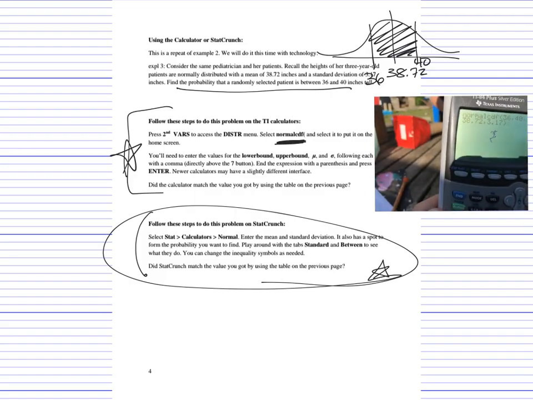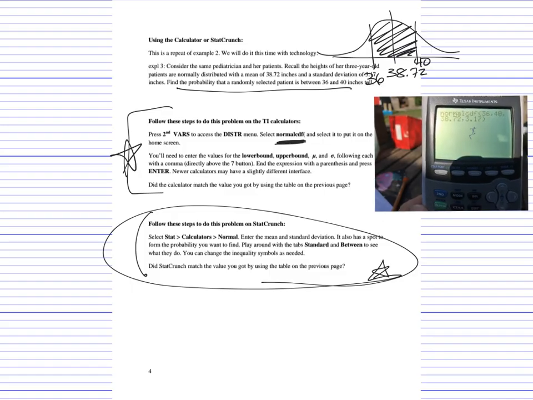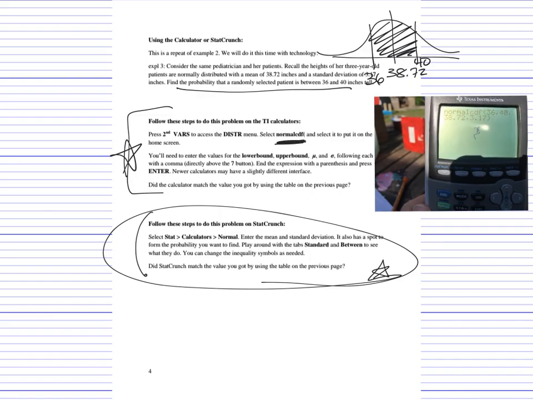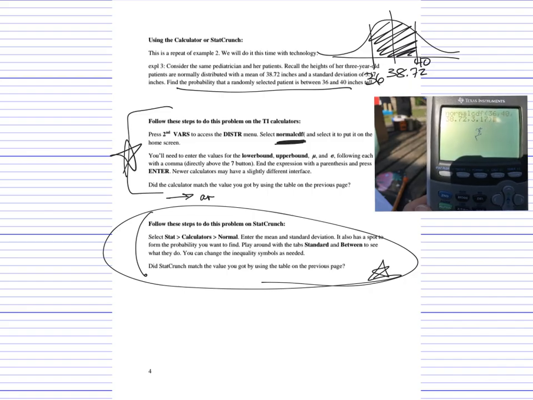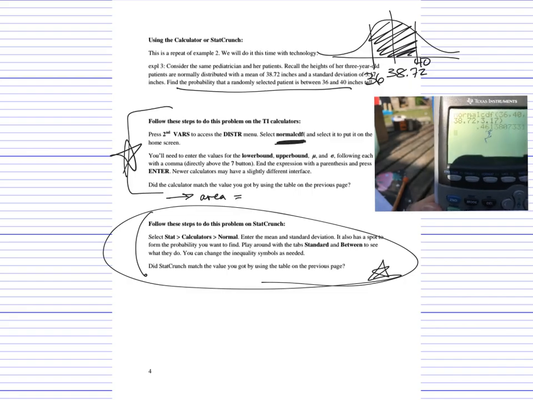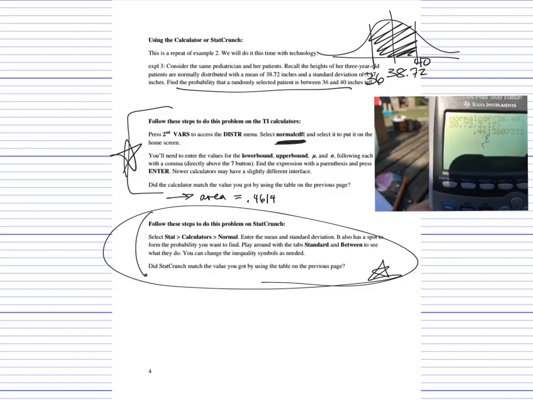That is, lower bound 36, upper bound 40, mean of 38.72, and a standard deviation of 3.17 separated by commas. You've got to get those in that order or the calculator will completely misunderstand you, probably give you an error message in fact. So I'm going to hit enter, and poof, it tells me the area underneath the curve between 36 and 40. Perfect.